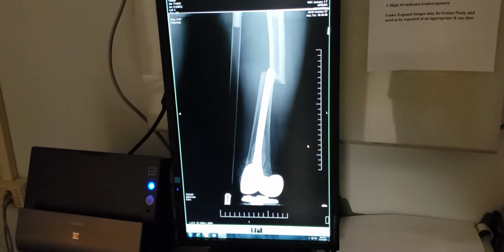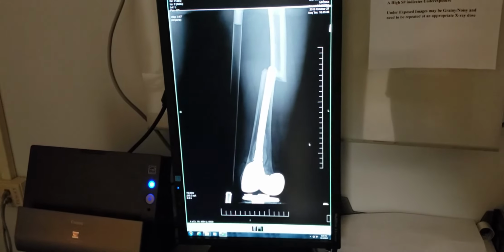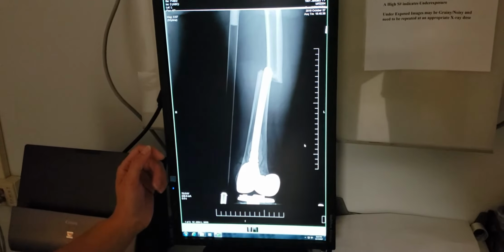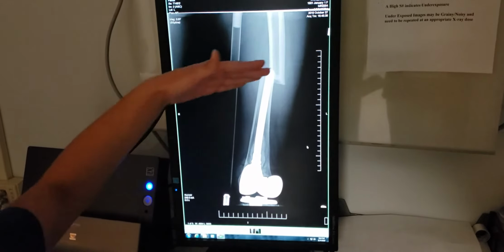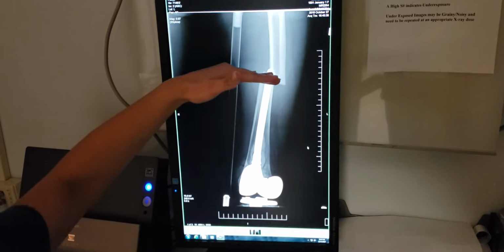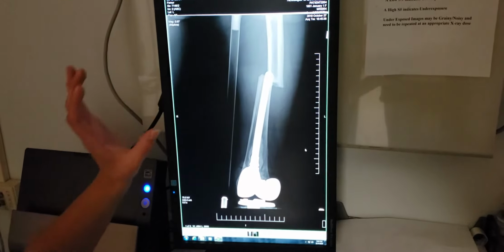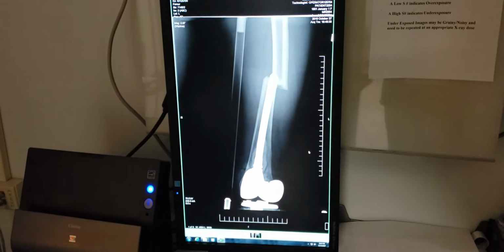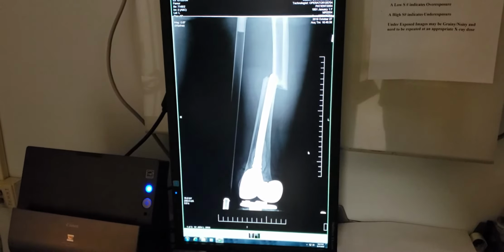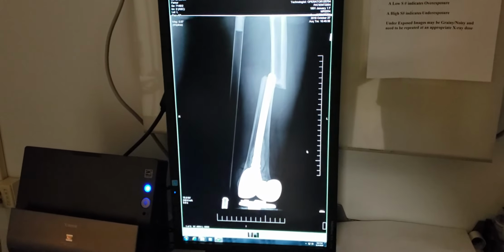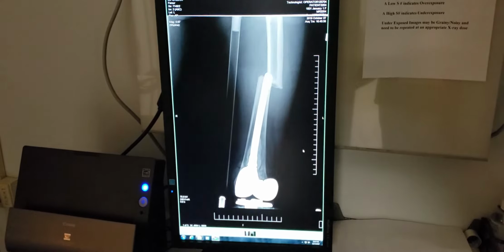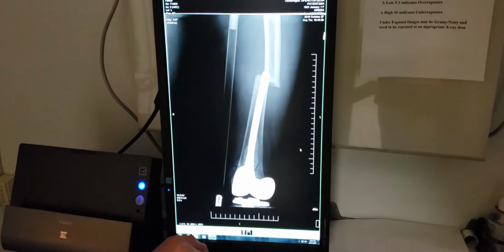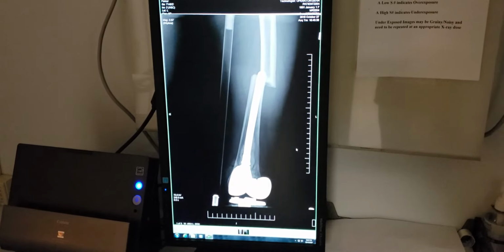The central ray is supposed to be centered mid-femur, so in this case, it's a little bit off, I would say, because we already had the upper portion. They did two separate images. So in this case, we went a little bit lower, and you do want to see the knee joint as well. So the tech should have had at least 2 inches of light below the knee joint, and I would say here they had maybe like 1.5 inches or about there.